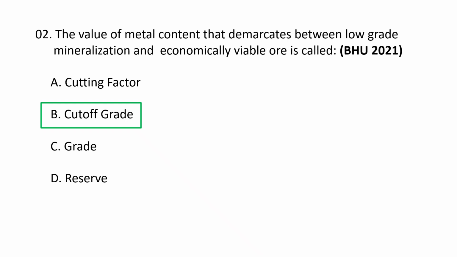This value represents the minimum metal content which is required for a deposit to be considered economically profitable to mine. So the value of the metal content that demarcates between the low-grade mineralization and economically viable ore is called a cutoff grade. B is the correct option.